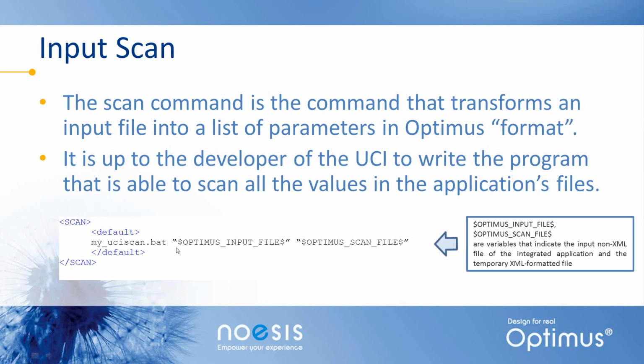This variable, Optimus input file, is the file that has the program format, the format that is good for our external executable, and the scan file is an XML temporary file that is created to be read by Optimus.